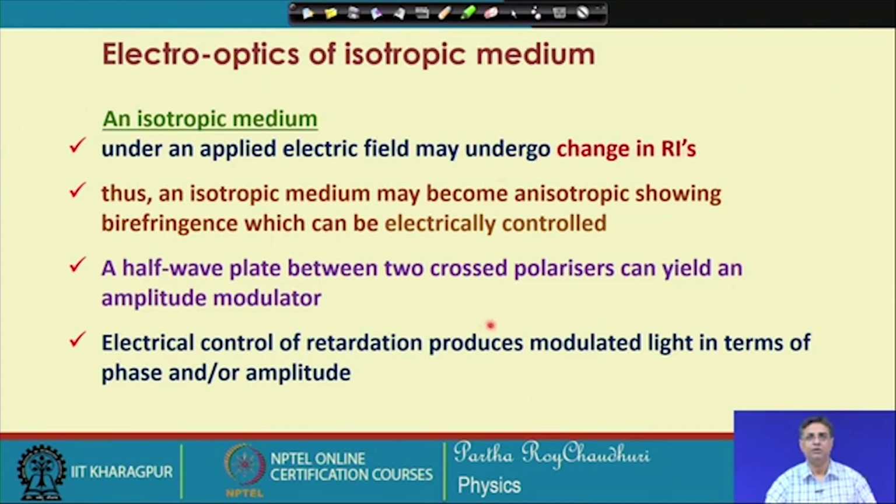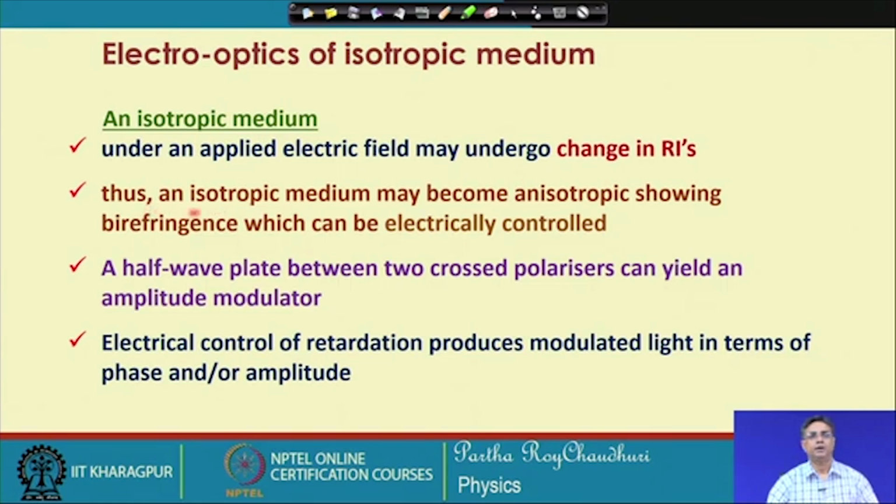Now, we are going to take up an example of an isotropic medium, and we will see that the refractive index properties are modified for a certain orientation of the external electric field applied across the crystal.